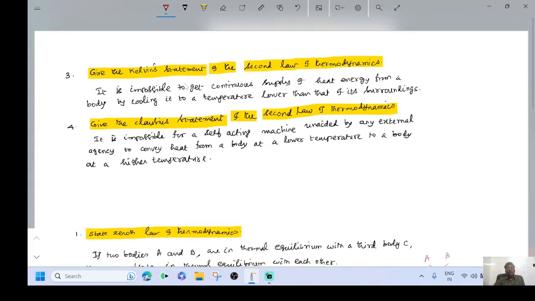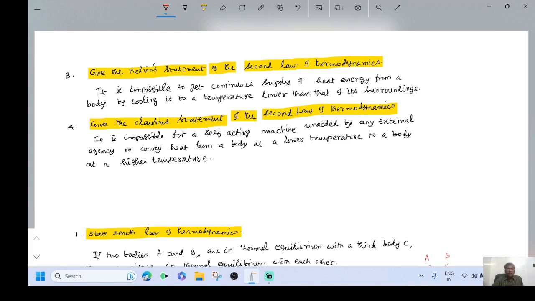Now give the Kelvin statement of the second law of thermodynamics. It's impossible to get continuous supply of heat from a body by cooling it to a temperature lower than that of its environment, is our Kelvin statement.